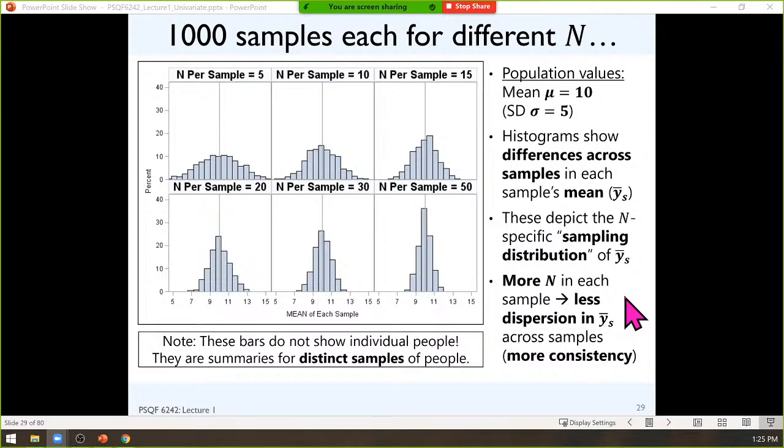So how far off any one sample's mean is from the population mean. You can also have how far off any one sample's standard deviation is from the population standard deviation, or how far off any one sample's skewness is from the population's skewness, right? You can do it for any statistic.